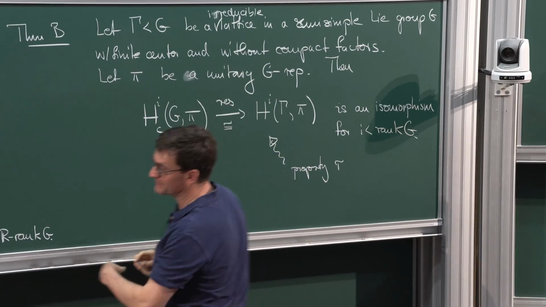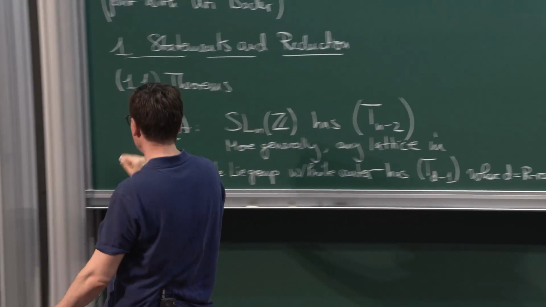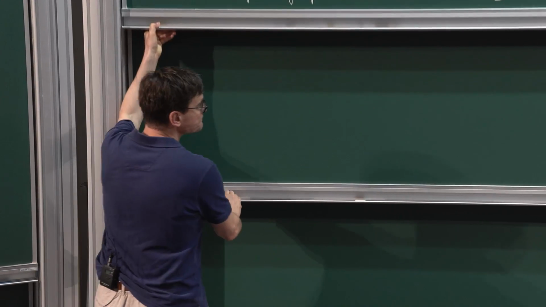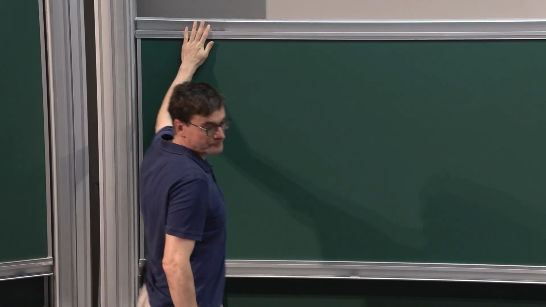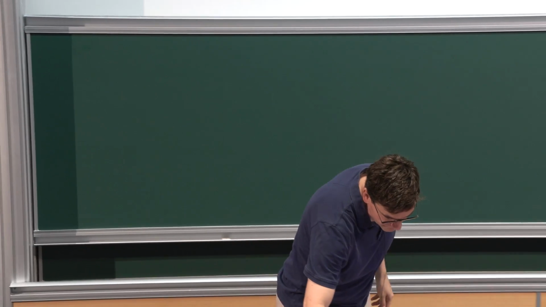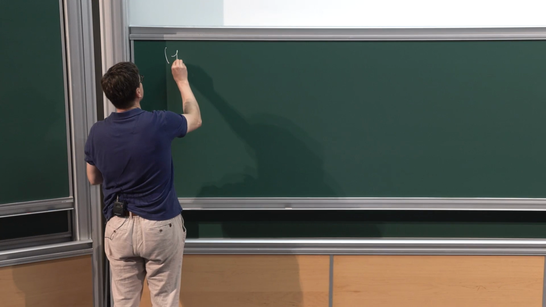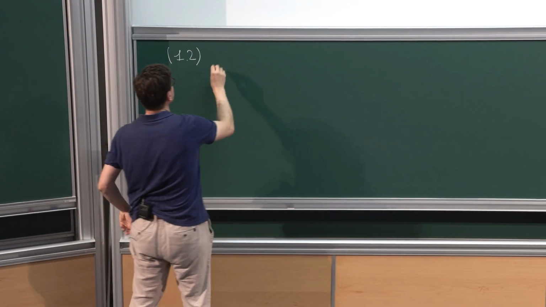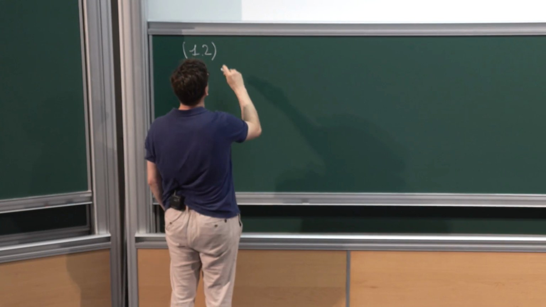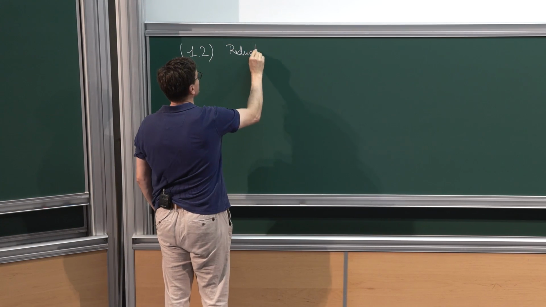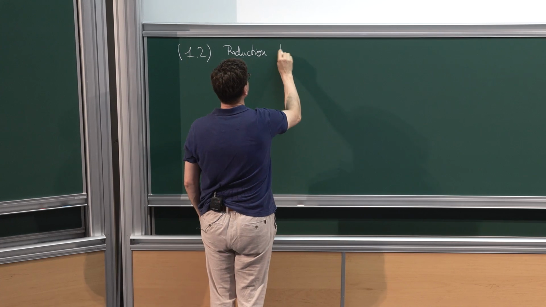All right, but today I want to focus on that theorem, on the analog of Garland's theorem. And let's start with the easy part, which is almost done with what we discussed so far, which is the reduction to the non-uniform lattices.